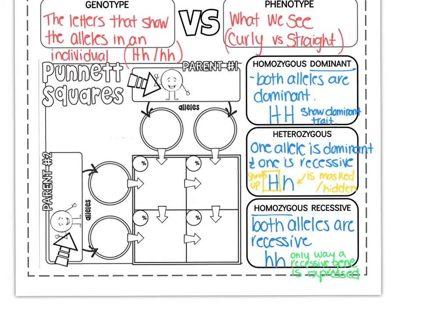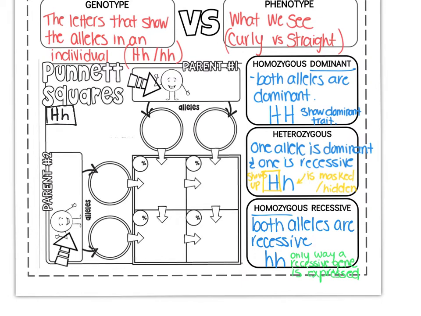Okay, so now we're going to come to the idea of Punnett squares. Remember that all of our cells have a full complement of DNA. So for instance, if you were someone that might have curly hair and a carrier, so you were heterozygous for curly hair, your cells all contain this DNA.